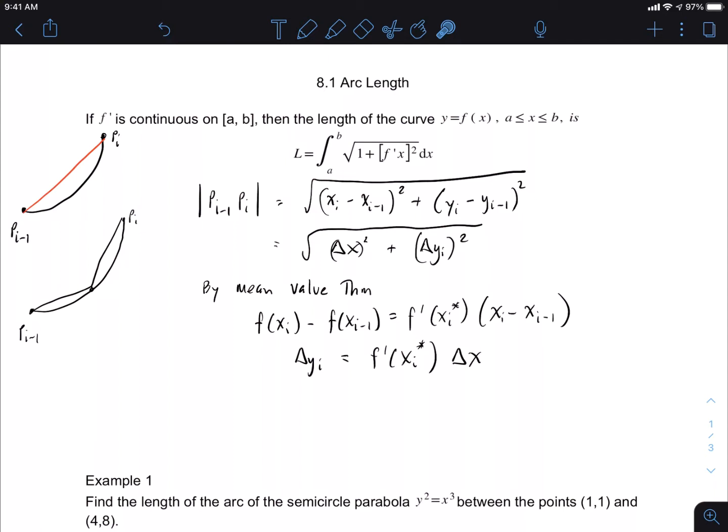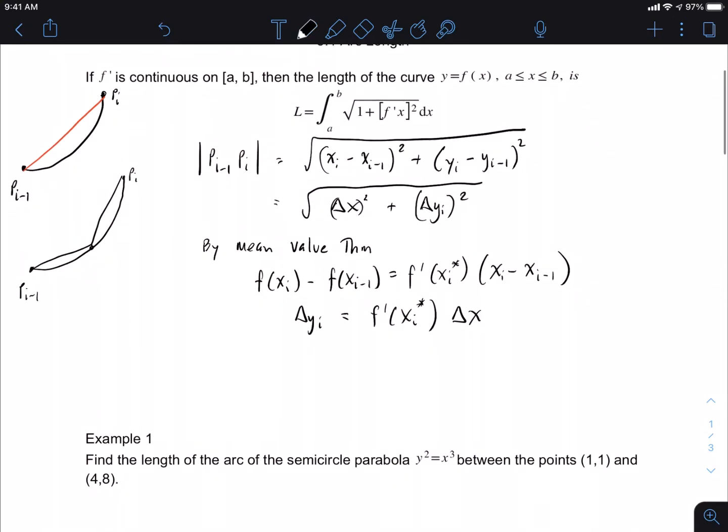Okay, sorry. So instead of writing delta y sub i squared, I'm going to rewrite that as the root of delta x squared plus, now instead of this, I'm going to put this in its place. We okay with that?